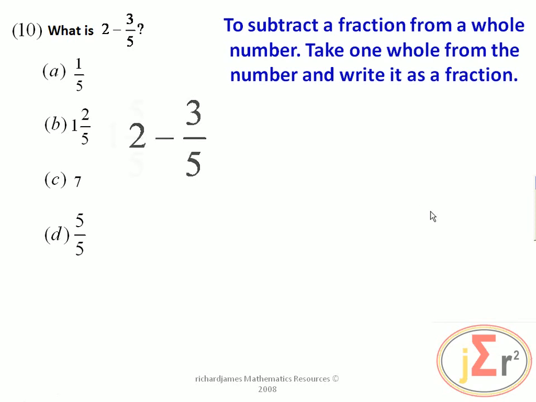So let us do that. So we have 2, 1 is a whole, and 5 over 5 is a whole also. So of the 2 wholes that we have, one is left right here and the other one is written as 5 over 5.